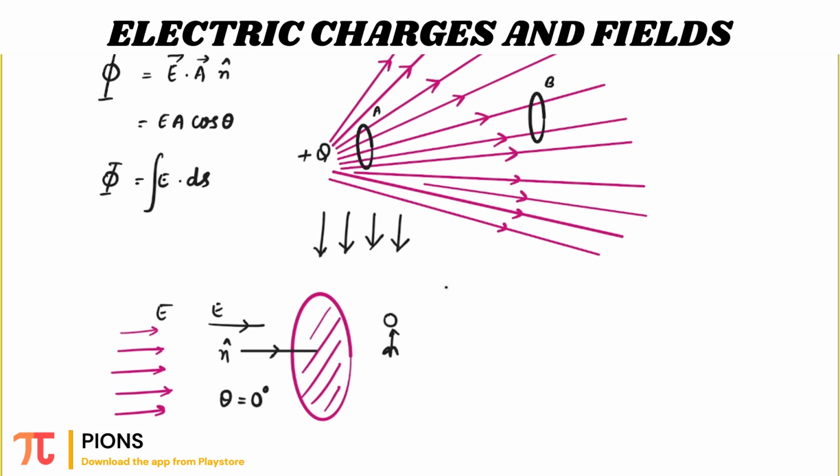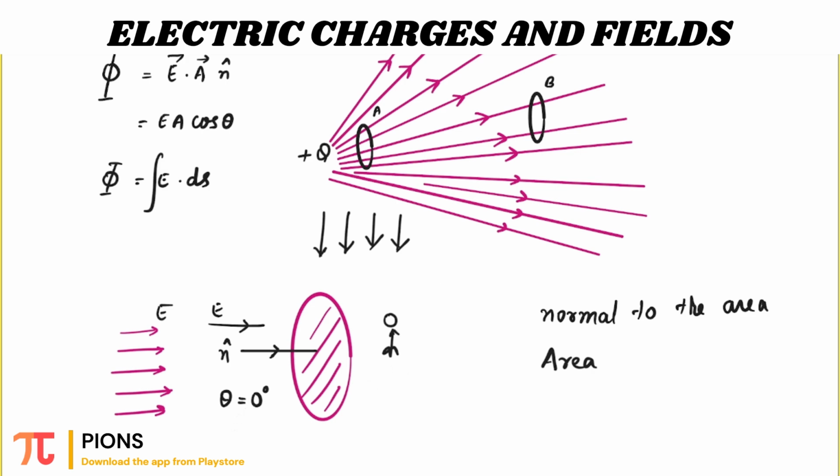One is normal to the area. Another word is area. So normal to the area and electric field, theta is 0 degree. You can draw this diagram also in your notebook for later reference, or anyways, I'll post this on the YouTube, so you can watch it again.